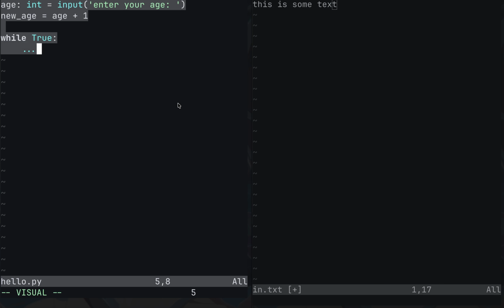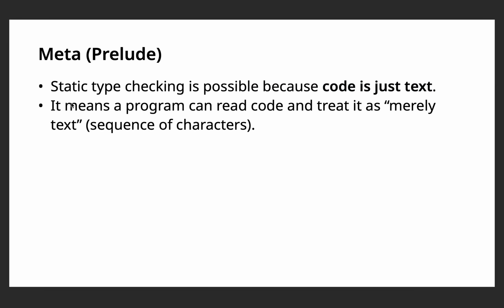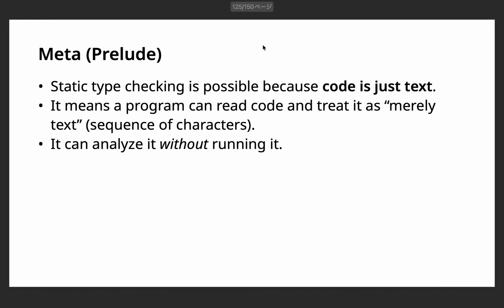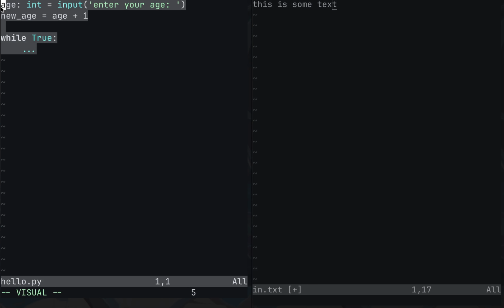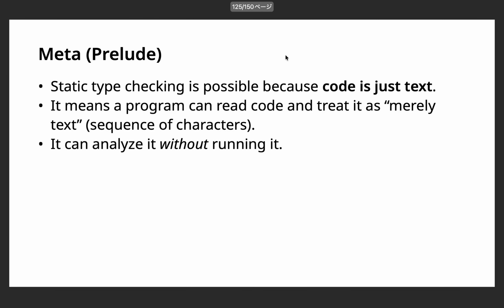It's just that when it comes to Python files, these characters are arranged in a way that can be run as a Python program. That means external programs can read this as if it was reading a text file. So it can analyze the characters, the words, the stuff over here, without explicitly running it the way Python would run it. So that's the problem that these static type checkers can solve.